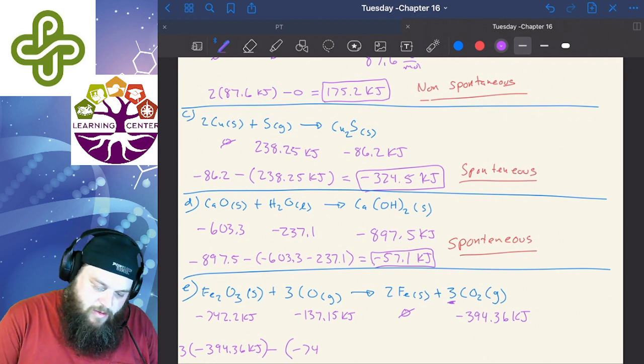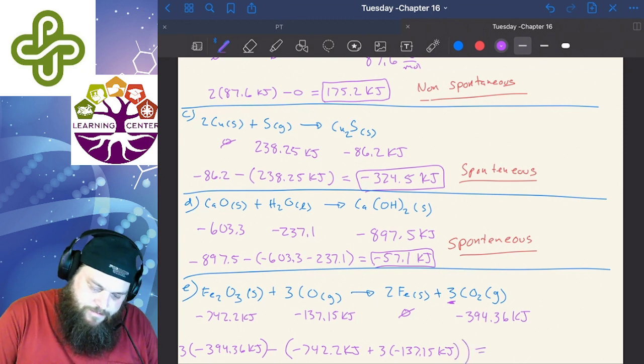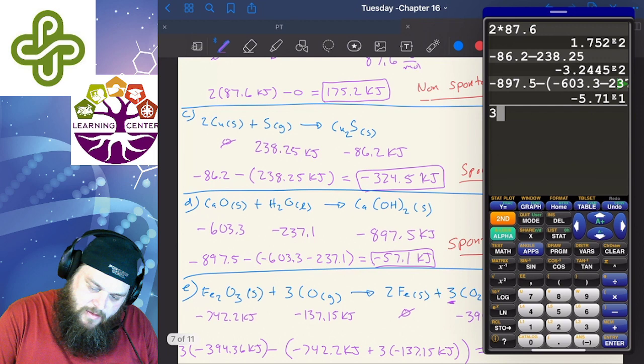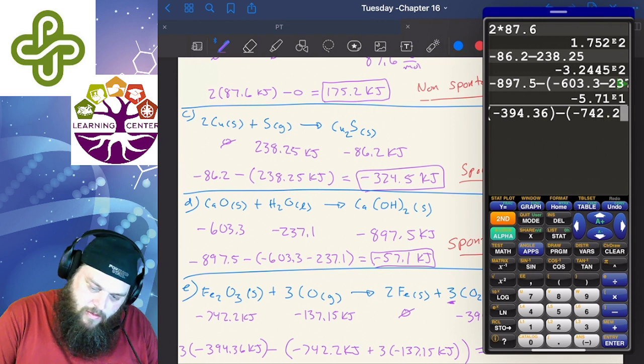So that's 3 times negative 394.36 minus negative 742.2 plus 3 times negative 137.15.